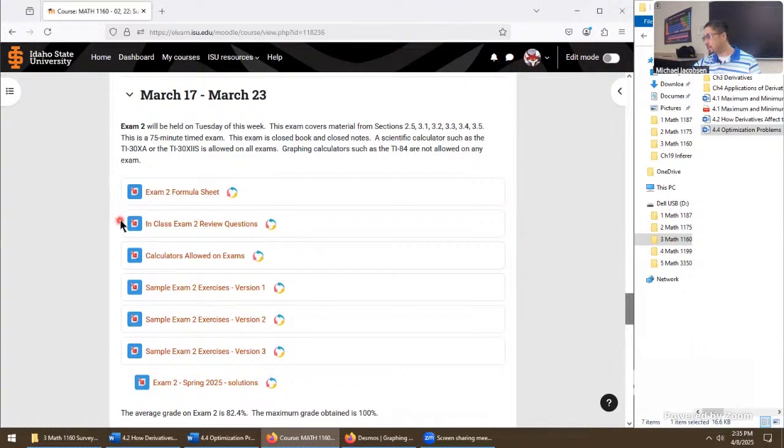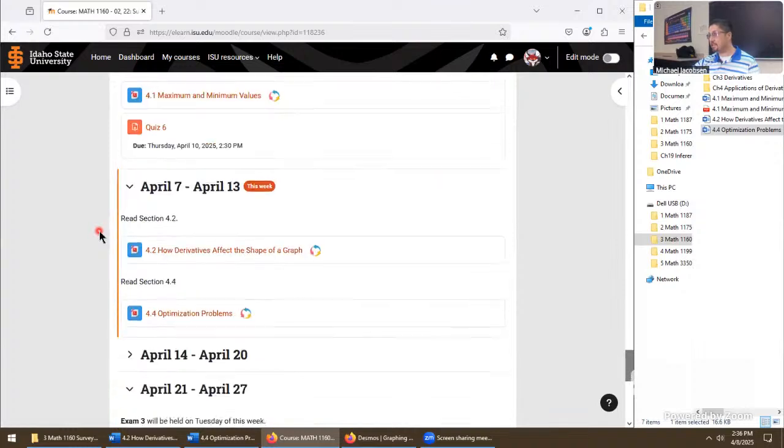Formula sheet, sample exam 2 exercise versus 1, and then version 2, and then version 3, in the same kind of format for those. And if we need a review, if people have questions on Thursday before that exam, we'll do another one of these, an impromptu review day ahead of that exam 3.